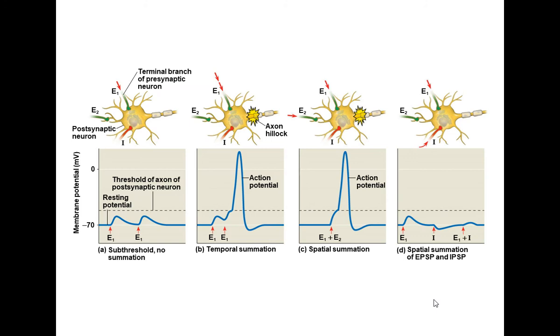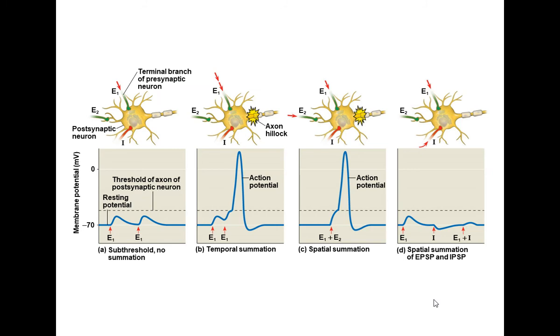With the second example, we have that first E1, that first branch of the presynaptic neuron, hitting it twice. Because it hit it twice, it was able together to generate enough of a potential to reach threshold, enough of a depolarization event, and the action potential continued. And then the axon hillock was able to move it forward.